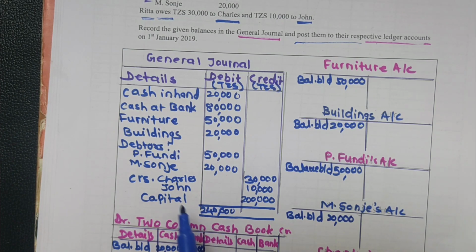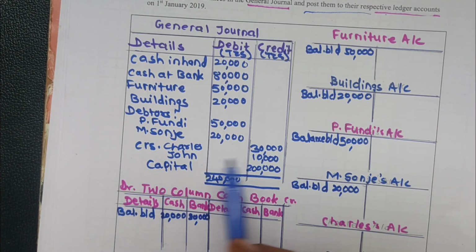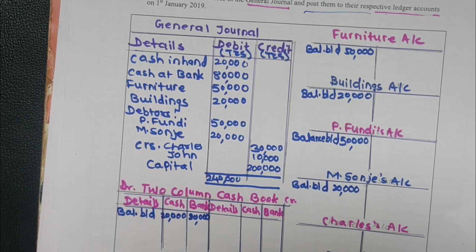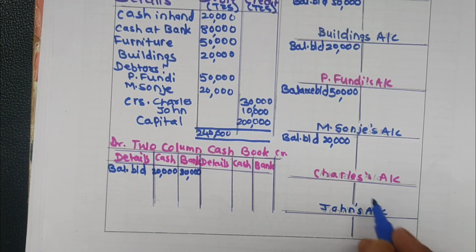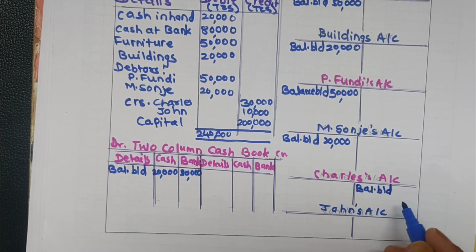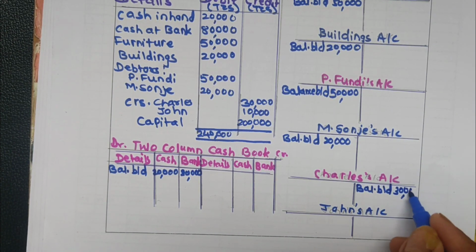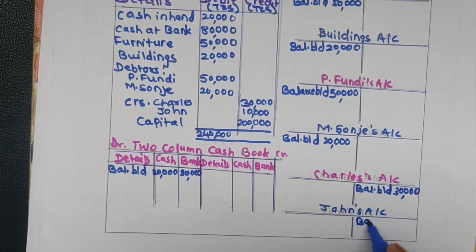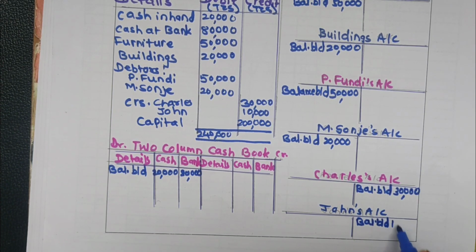Now for the other two creditors, Charles and John, it is 30,000 and 20,000. So the balance brought down is on the credit side, as they are creditors. Liabilities have a credit balance.